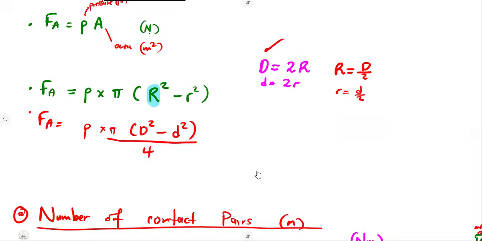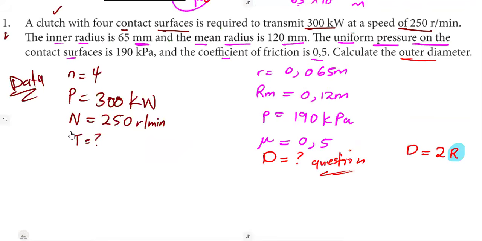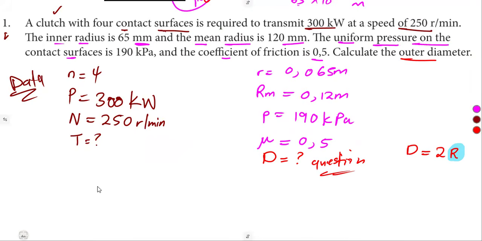Any other part that we have there, we do not have. The only part that is there is our axial force. So let's say we have this formula. Let's say this is the one that we want to use, because I want to teach you guys the fault finding part of our engineering. From the axial force, it states that it is pressure times area.